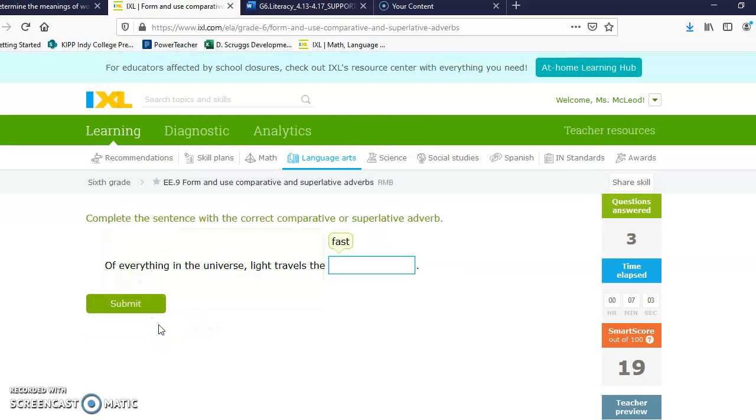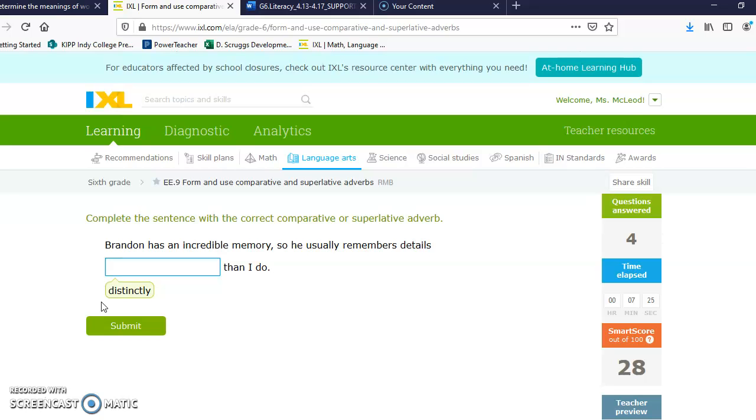That's correct. All right, let's do a few more. Of everything in the universe, light travels the faster or fastest. Think about it. What do you think? Tell me. Travels the fastest.